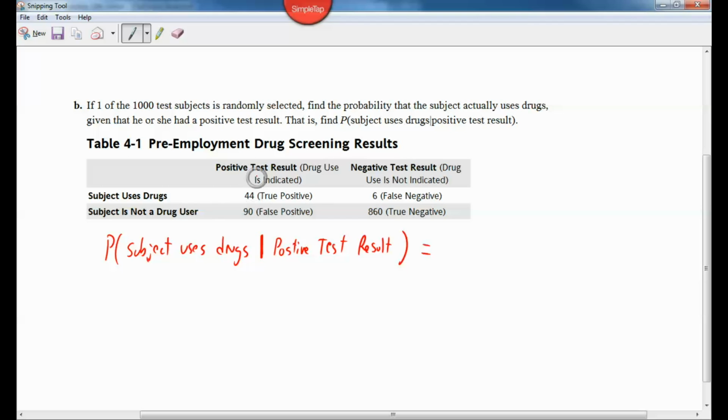Out of these people, what is the probability that the subject uses drugs? So how many people total do we have? 134. How many of them use drugs? 44. Part over total. So 44 over 134. If you divide that in a calculator, you get 0.328.